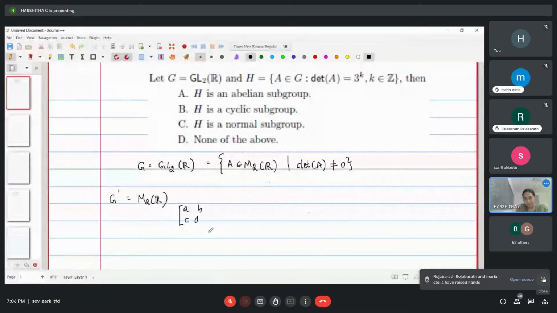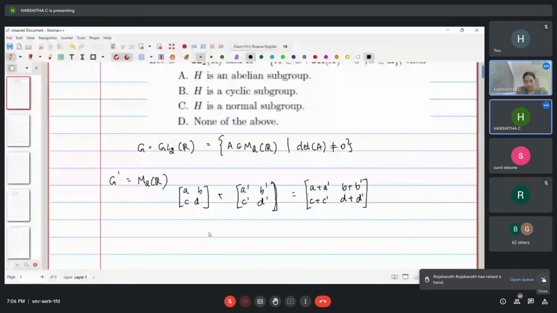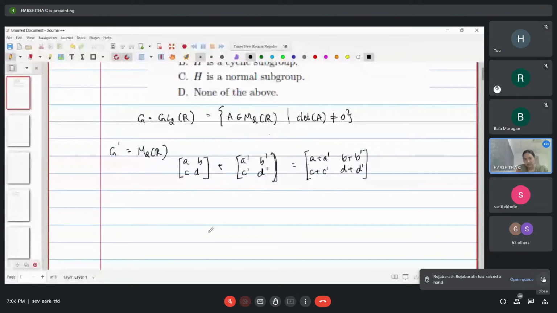We can add them, A prime, B prime, C prime, D prime. So you get A plus A prime, B plus B prime, C plus C prime, D plus D prime. Right? So under this operation it forms a group. This you can check.